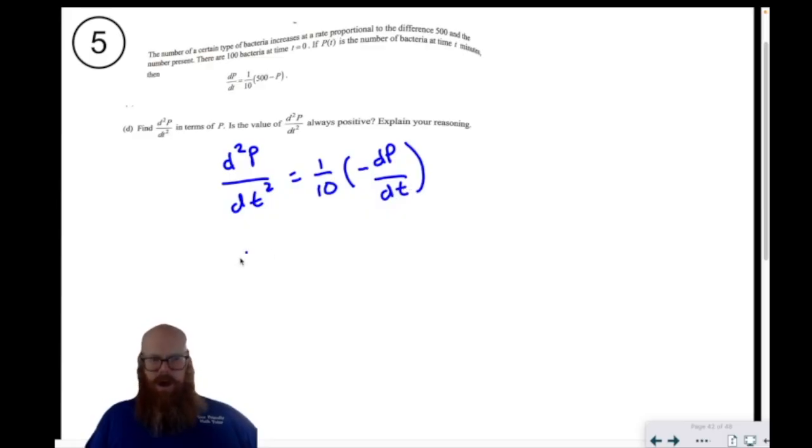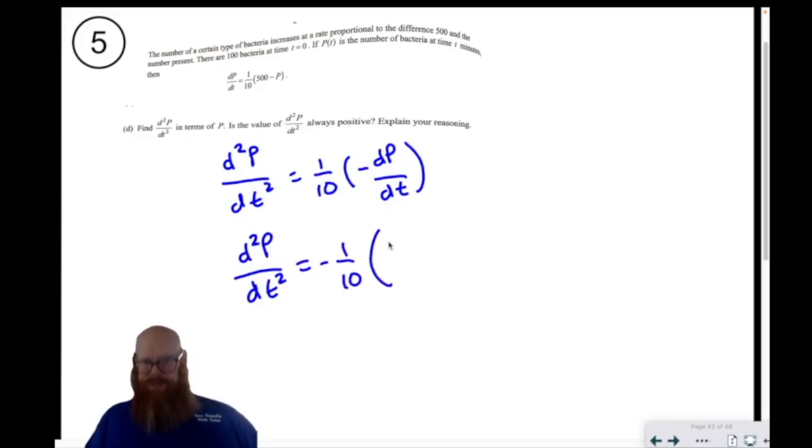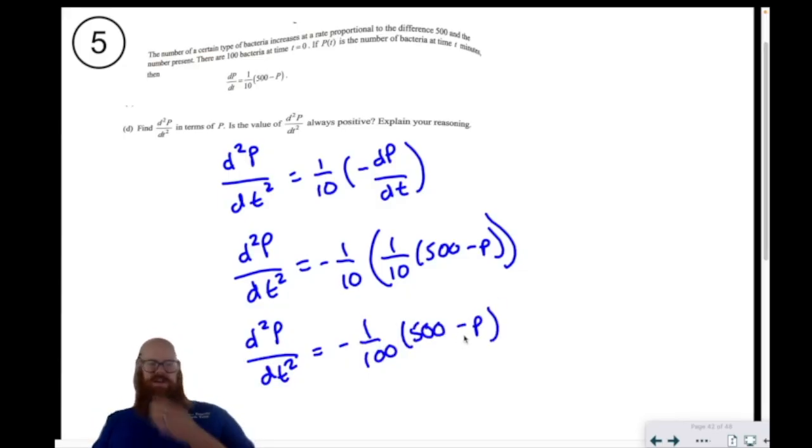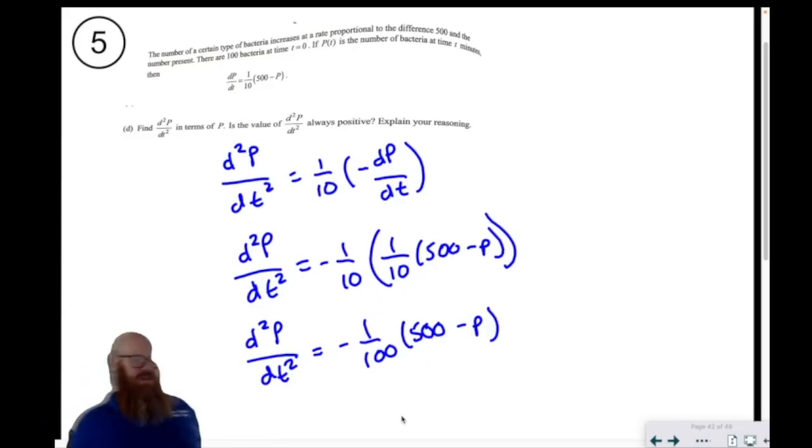But I want it in terms of just p. So that's negative 1/10 dp dt, but dp dt is 1/10 times 500 minus p. And if we clean it up a little bit, our final answer is negative 1 over 100 times 500 minus p. So that is our second derivative in terms of p.